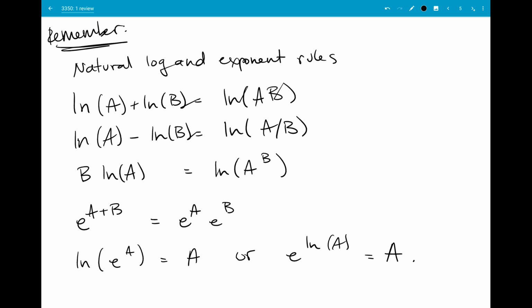Those two functions undo each other. Yeah, you use this one a lot, when we have e to the x squared plus c, and then you're like, oh, that's just c e to the x squared. Hopefully that just starts to become natural, being able to call those rules back.